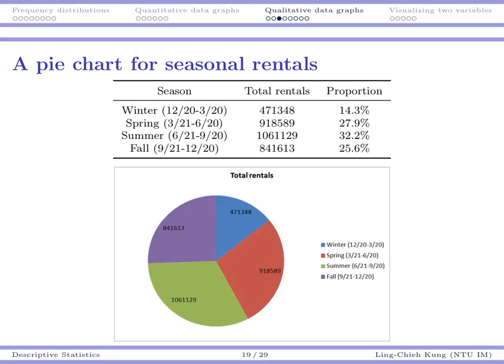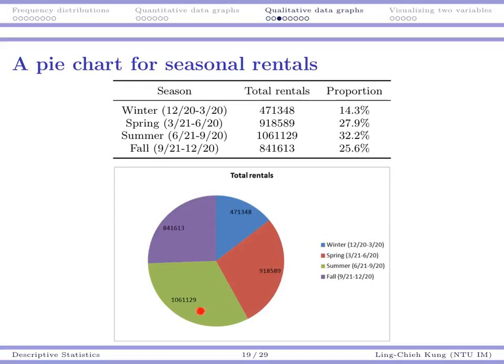But sometimes using a graph is just more intuitive. And if we prepare a pie chart for this table, it would be like this. Because we have 4 categories, we have 4 slices. Each slice represents 1 season. And if the proportion of that season is larger, the slice should be proportionally larger.